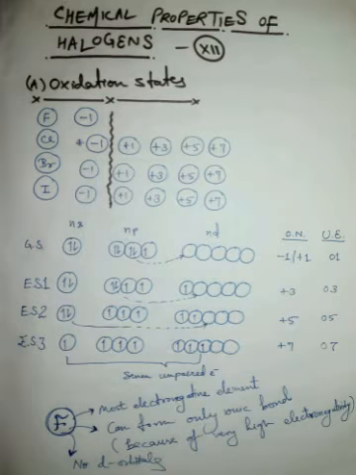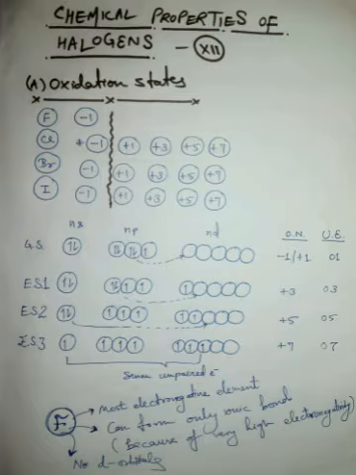Now the question arises: how does it happen? As you know, all these elements have a similar outer configuration, that is ns2 np5. I have shown the ground state where 2 electrons are present in the s orbital and 5 electrons are present in the p orbital.